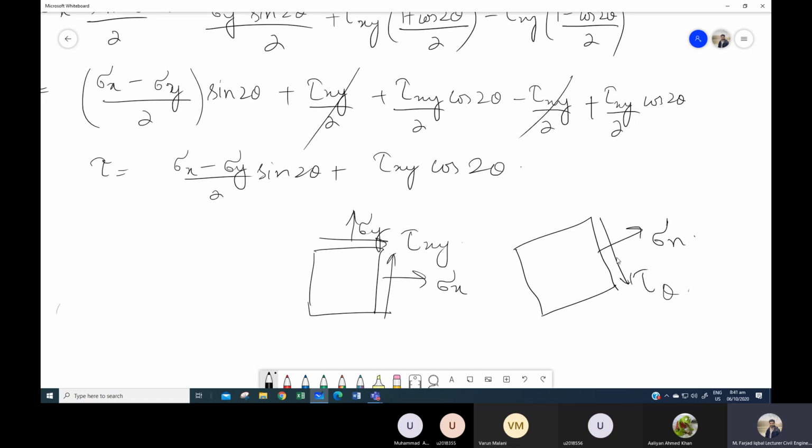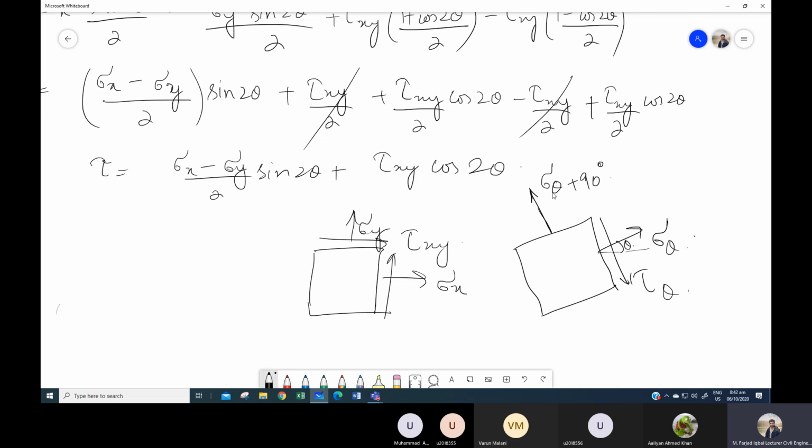Now we have the formulation, but also on this inclined axis, there is a stress that is acting at 90 degrees to this inclined sigma n. If this is sigma theta, and the straight axis is at an angle theta, then there is another stress acting at angle theta plus 90 degrees.